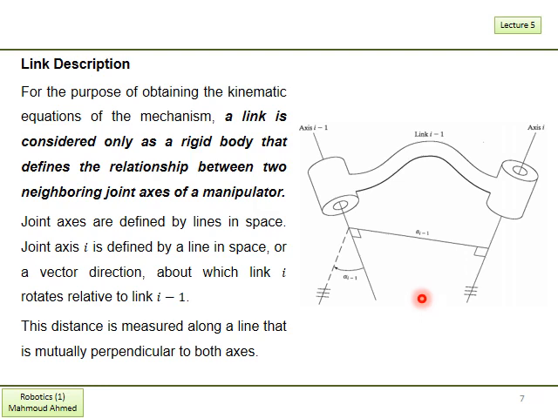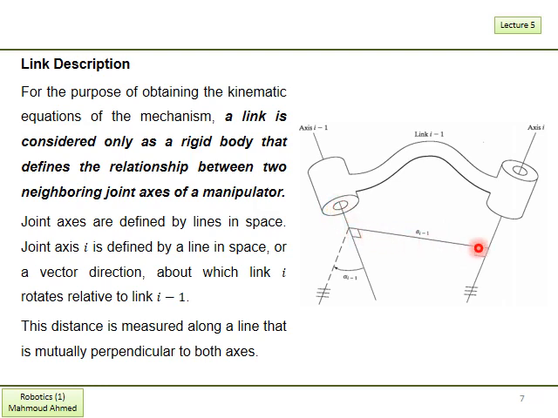So once again, we describe such a link with respect to the neighbor axis. Link I-1 is represented with axis I-1 and axis I. The two joints can be represented with two straight lines in space. Joint axis I is defined by a line in space or a vector direction about which link I rotates relative to link I-1.